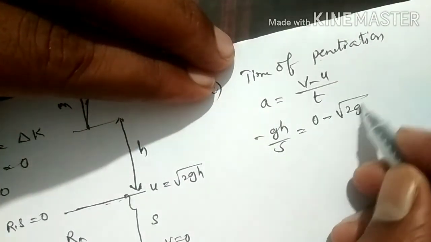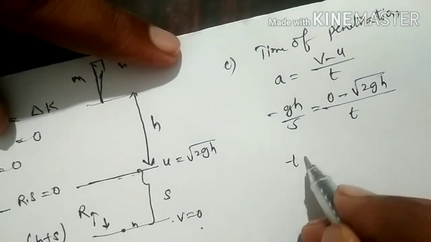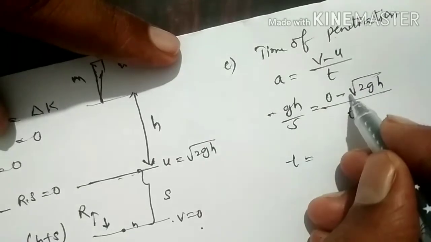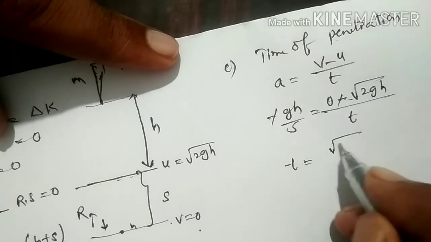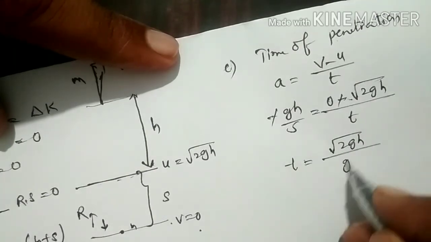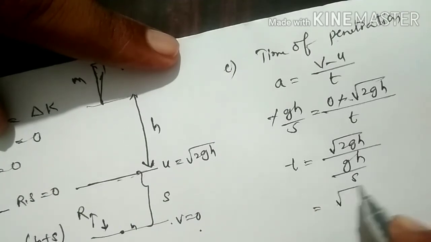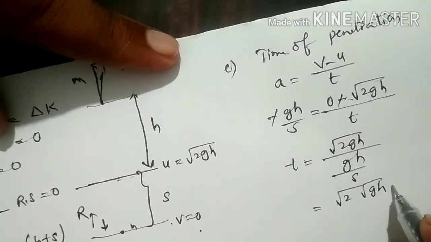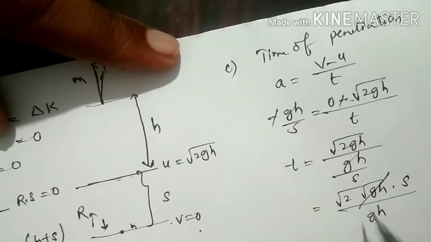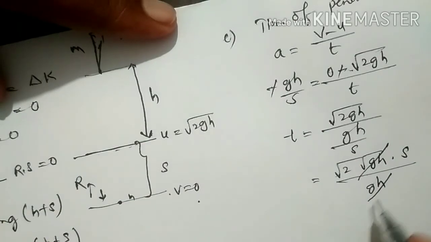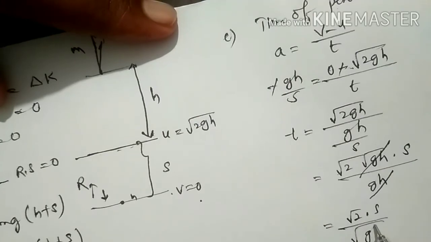So I can write minus gh by s is equal to 0 minus root 2 gh, by time t. The negatives cancel. So time t is equal to root 2 gh by gh by s. So we can write root 2 root gh multiplied by s by gh. Root gh cancels with root gh. So the answer is root 2 into s by root gh.